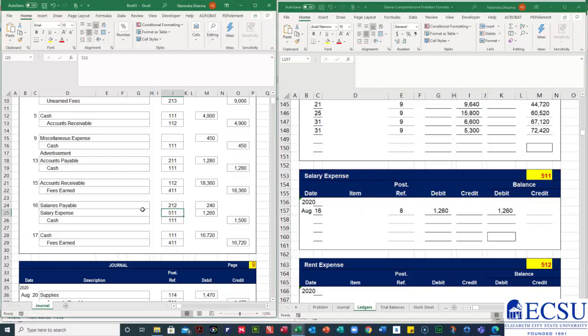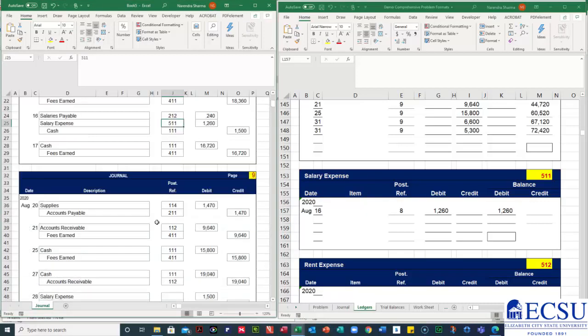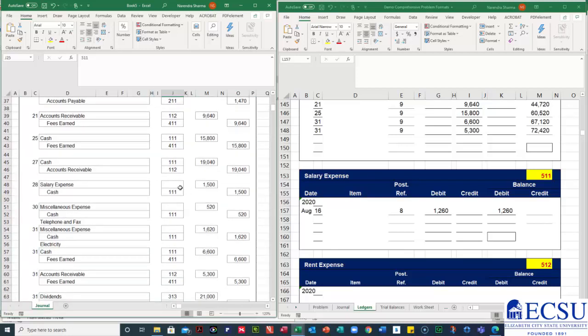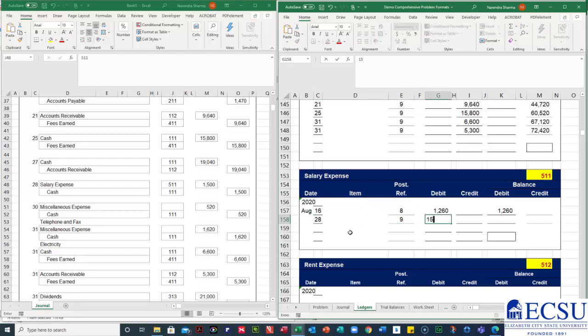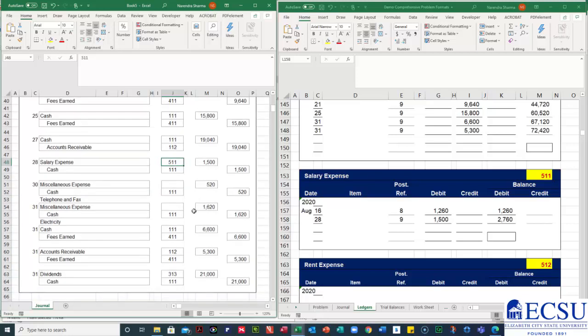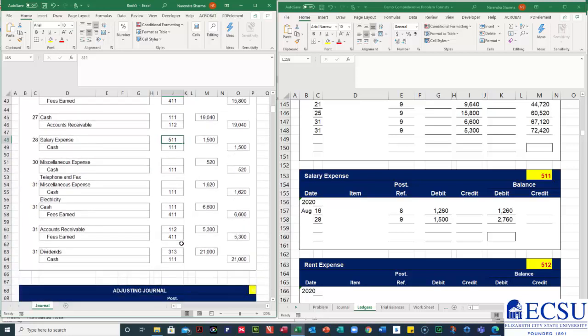Now we're going to look for another salary expense. Here it is, 511, and it was on the 28th. Please see that. This came out of page 9 of the journal. So the debit again 1,500. So my balance will go up by 1,500 and become 2,760. So that is salary expense. We have taken care of all the salary expenses.